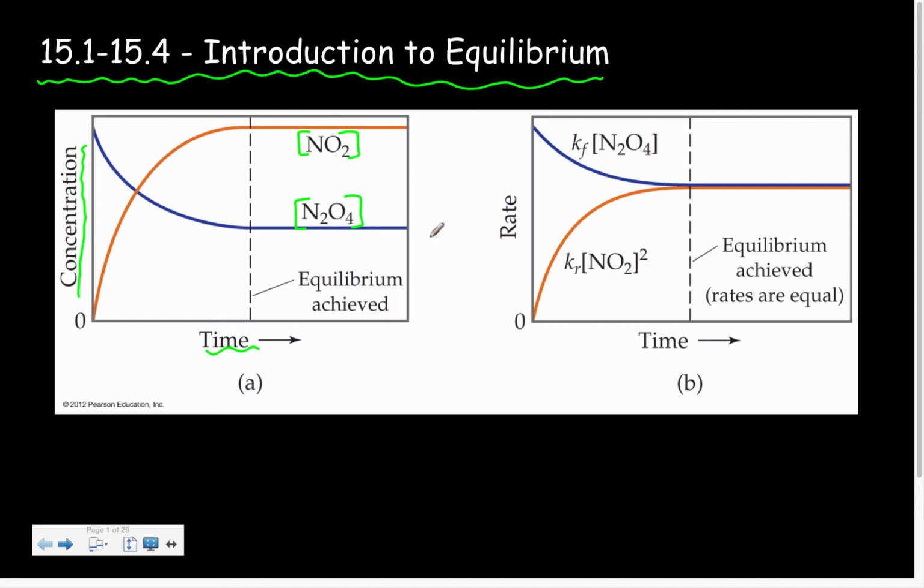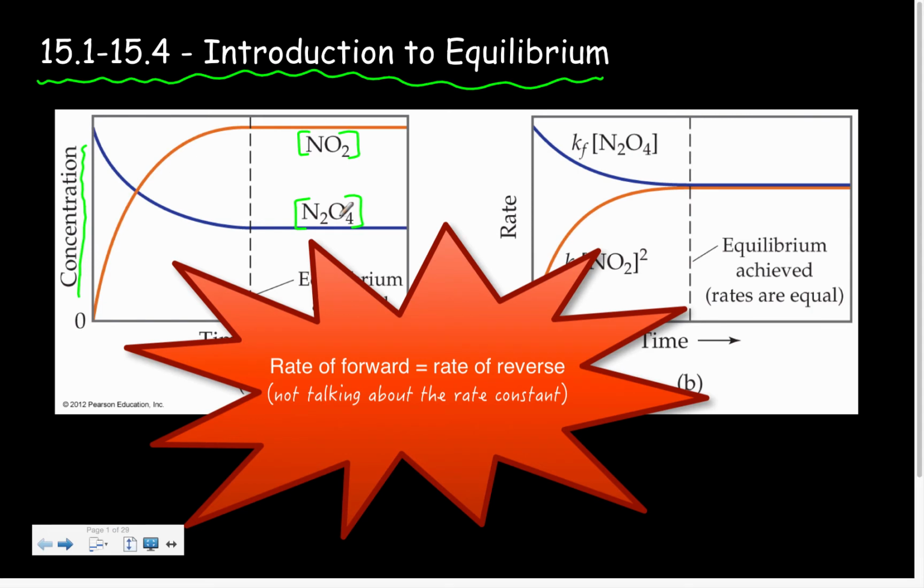Which is why the amount of product and reactant stay constant: the rate of my forward process equals the rate of my reverse process. So when we talk about equilibrium, macroscopically, there is no further change. Microscopically, concentrations are constant because the rate of the forward reaction equals the rate of the reverse reaction.